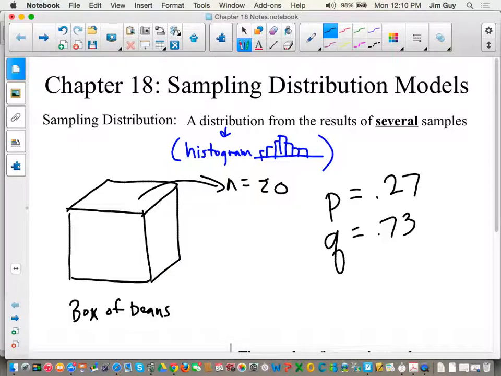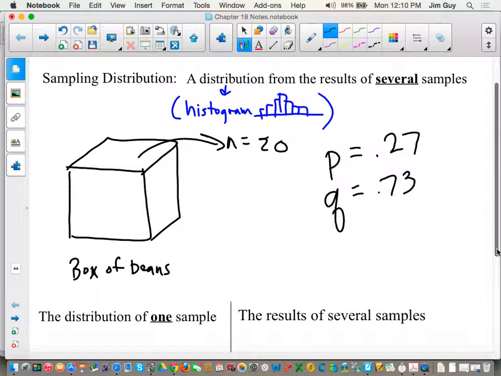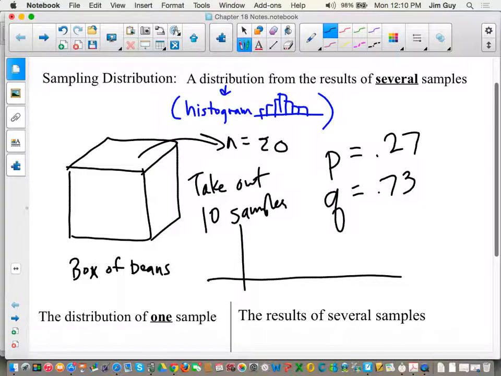We're going to take out 10 samples. And when we're done, we're going to graph it and see what we get. And we did that multiple times. Each person did 10. There were probably 7 groups in here, so there were like 70 dots up there all together.